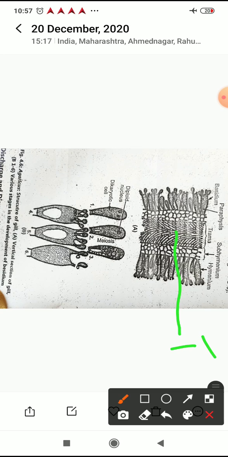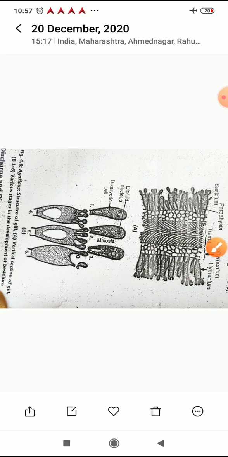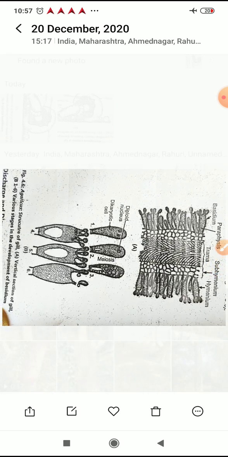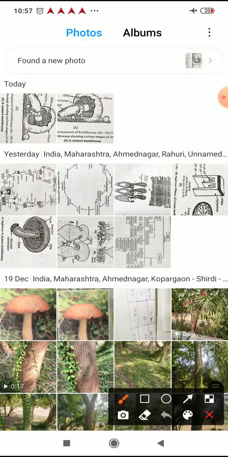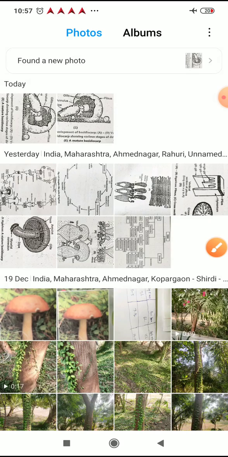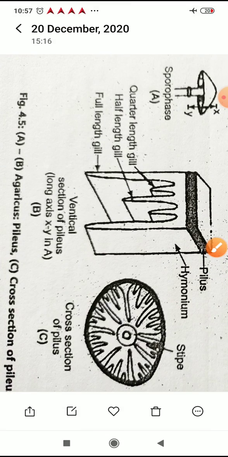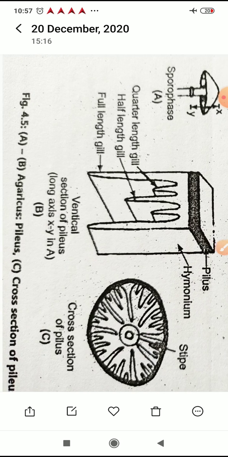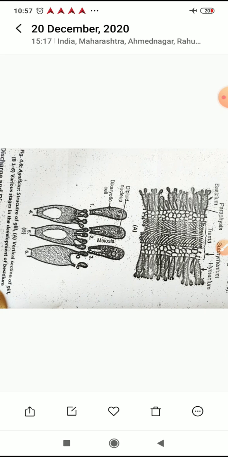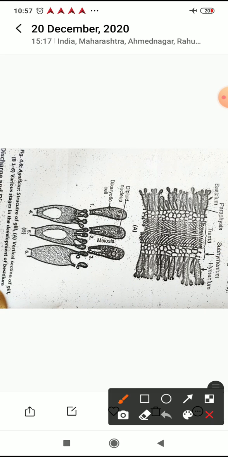Then the subhymenium region. After trama, you take the region that is subhymenium, this one.